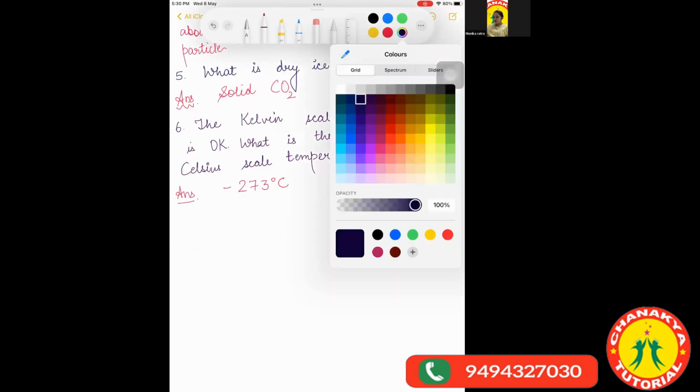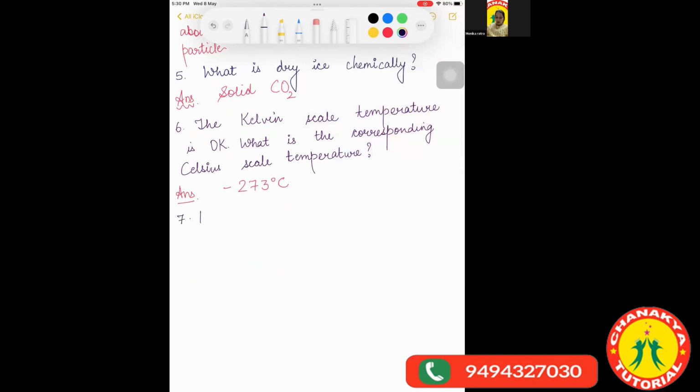Next question. How does applying pressure help in liquefaction of a gas?